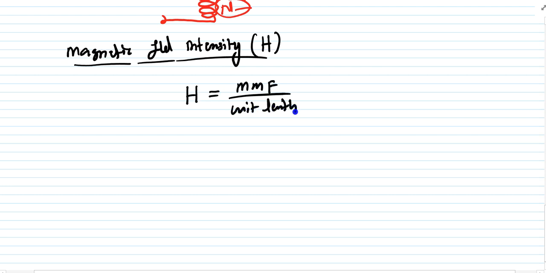That is, MMF, N into I, divided by unit length. Suppose the length of the core is L, then the units are ampere turns per meter. Like that, magnetic field intensity can be defined.